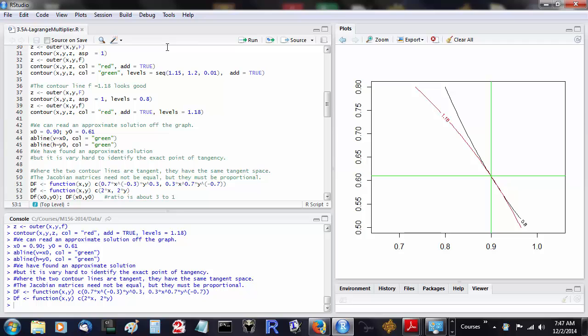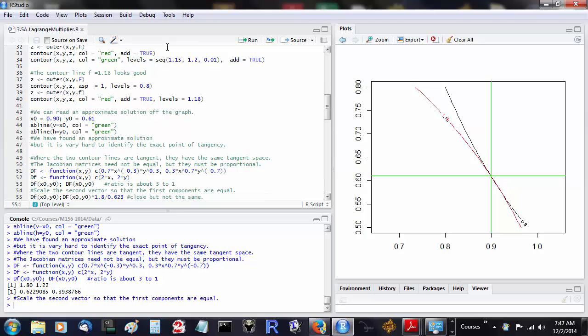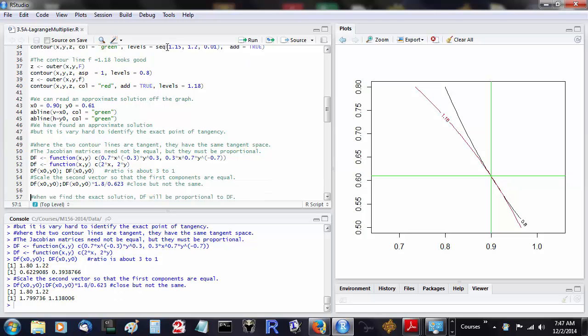I've evaluated them at my approximate solution, and if you look at them, you say, oh, the top one looks roughly 3 times as big as the bottom one. If I scale the second one so that the first components are equal, I find the second components are not quite equal. These are close to proportional, but they're not exactly proportional. If we find the exact solution, then they will be exactly proportional.